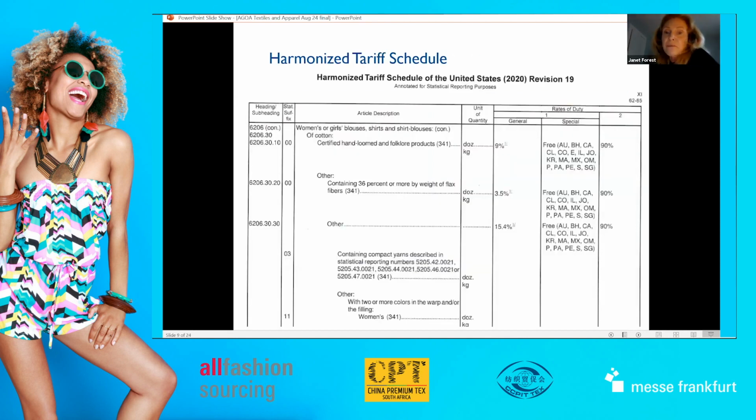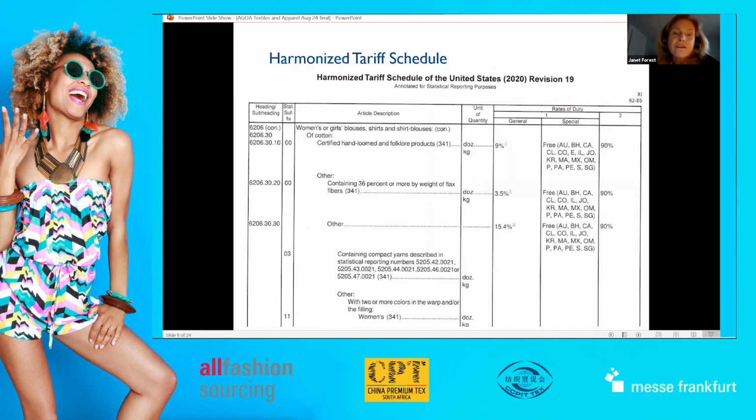Here's an example of a page from the tariff schedule. If you look, the heading and subheading, which is the number up to the 8th digit, is in that first column. The statistical suffix, the next 2 digits, is less important because it does not determine duty rates.